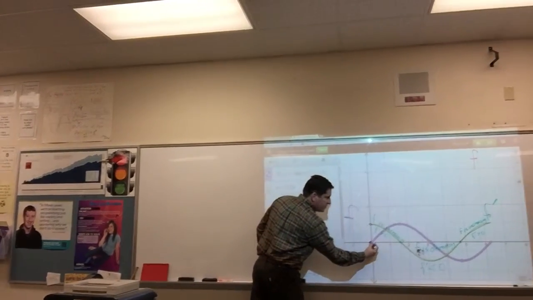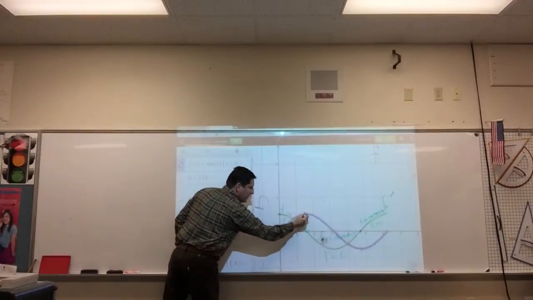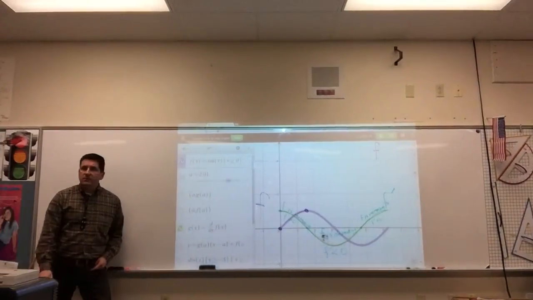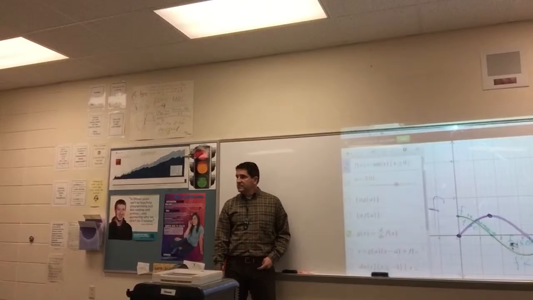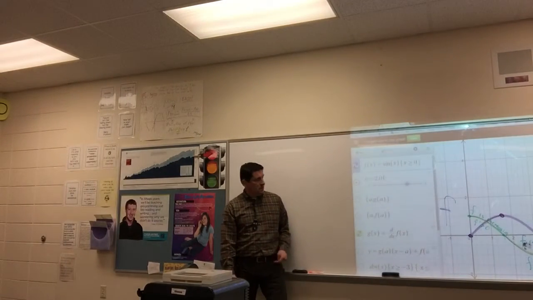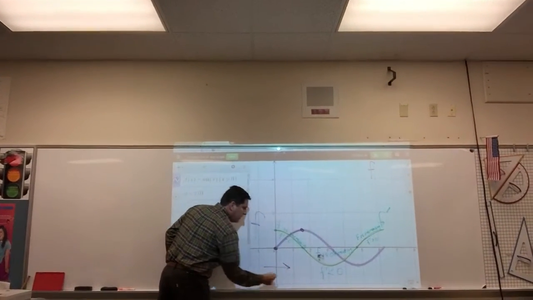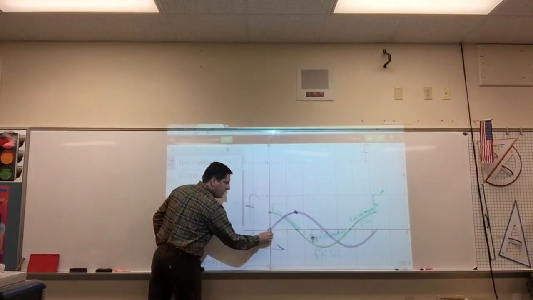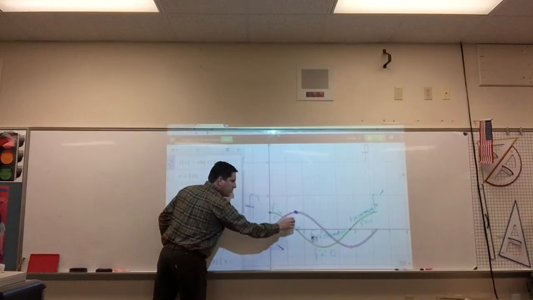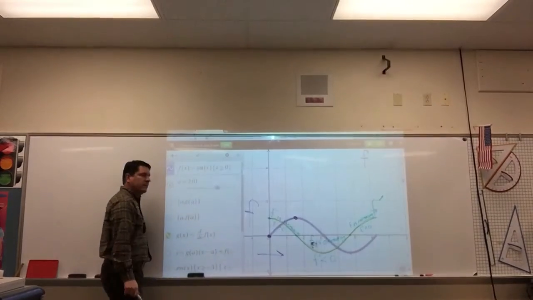We said that the function is increasing from here to here. Did it do that? Yes. It increased as we go. Remember, we always go from left to right. So it's increasing as we go from this point to this point. That's what the purple one did, and that's what our derivative told us.